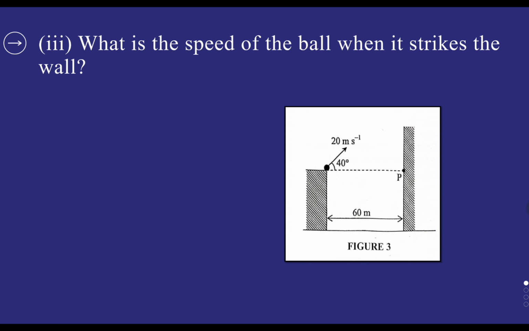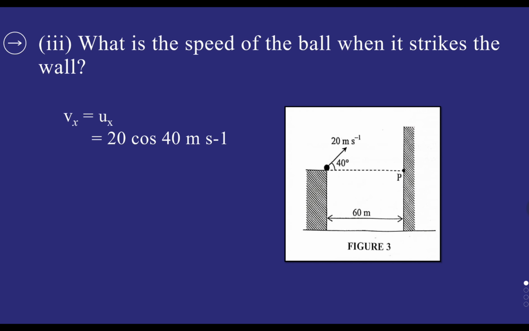Let's look at the last question. What is the speed of the ball when it strikes the wall? So as we know, the velocity for horizontal motion is always constant. So we are going to use the formula Vx equals Ux. And the value will be 20 cos 40 meters per second.